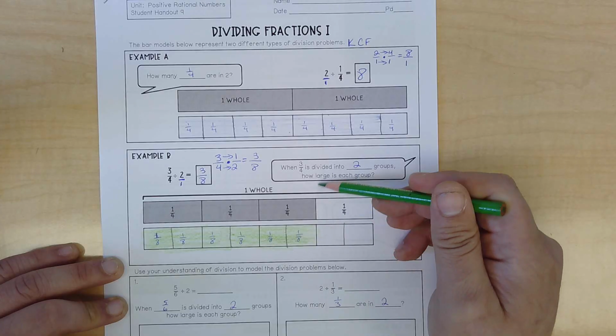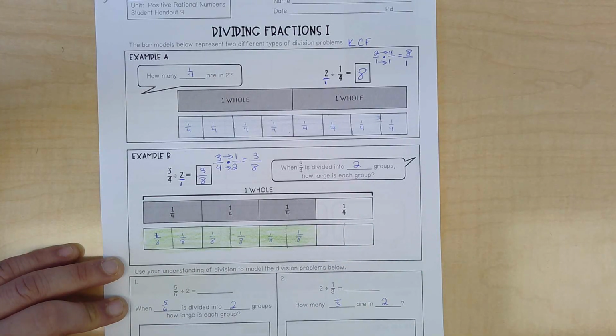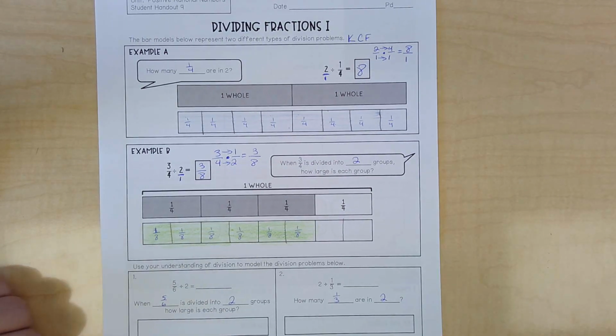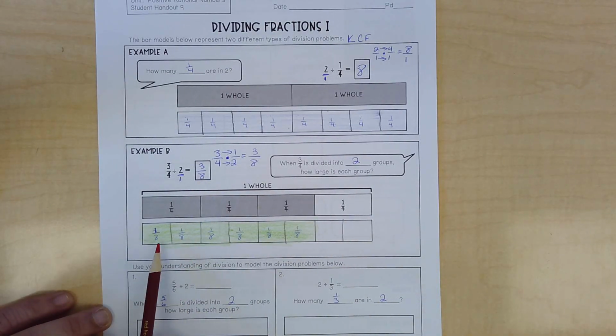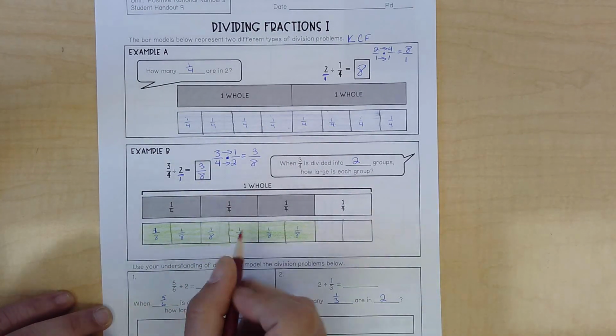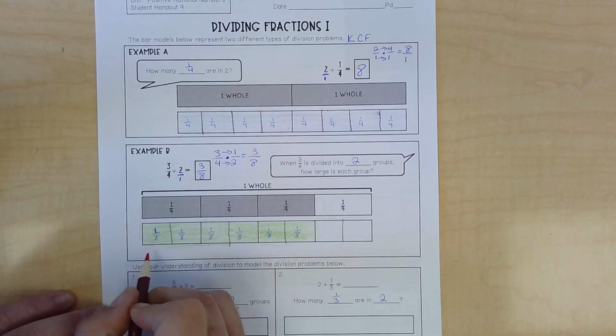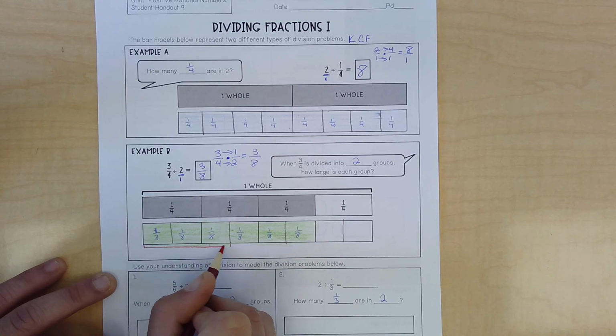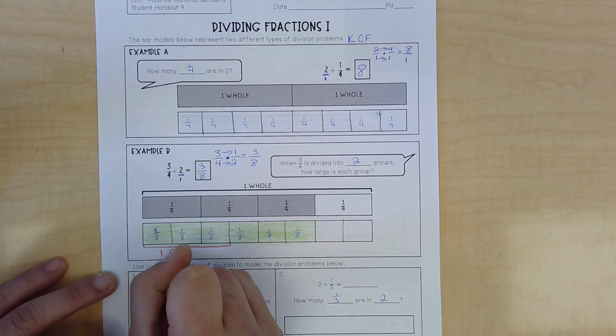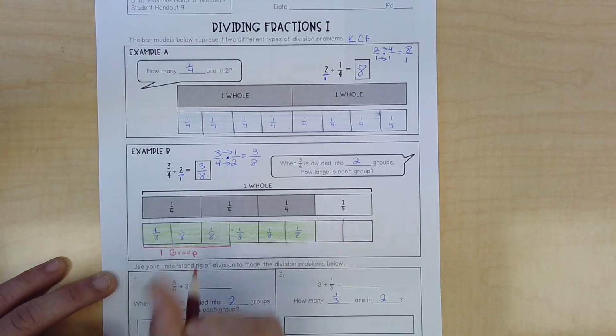Now, they want me to put this in 2 groups. 2 groups of 3/8, because that's what I have. So 1, 2, 3 will give me my first group or one group.